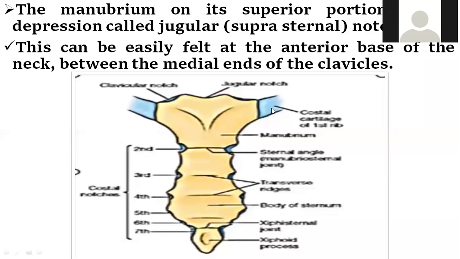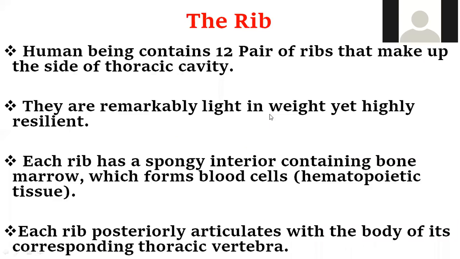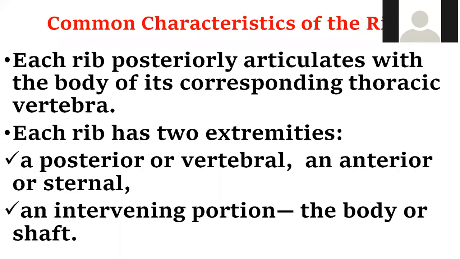Now, let me mention some common characteristics of the rib. Each rib, regardless of whether it is false or true, we'll still get to that aspect of our discussion, articulates posteriorly with the body of the corresponding thoracic vertebra that I've mentioned earlier.